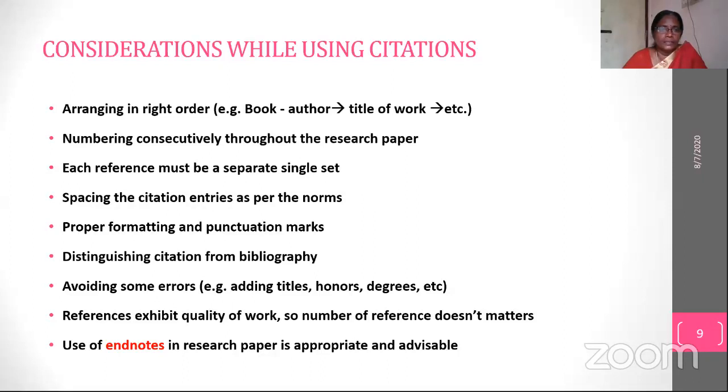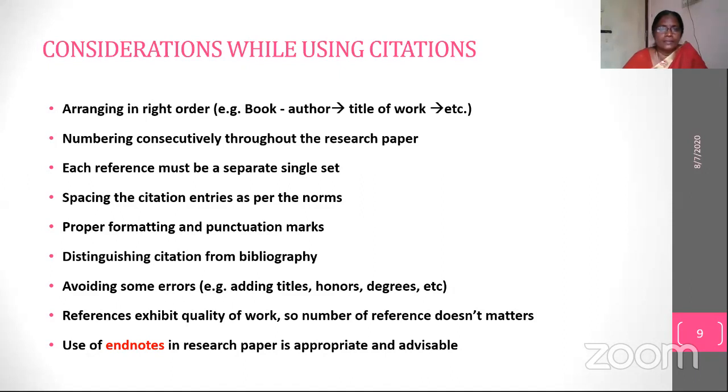And we have to understand the difference between the citation, that is a reference, and the bibliography. There are a lot of differences between the citation and the bibliography. The major one is that in the case of a reference or citation, there must be a page number. In the case of a bibliography, it should not be there. Definitely 100%, the page number should not be there in the bibliography of a particular work.